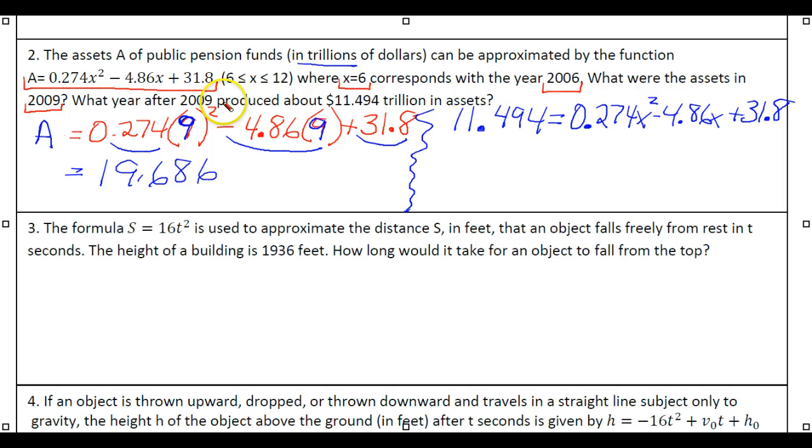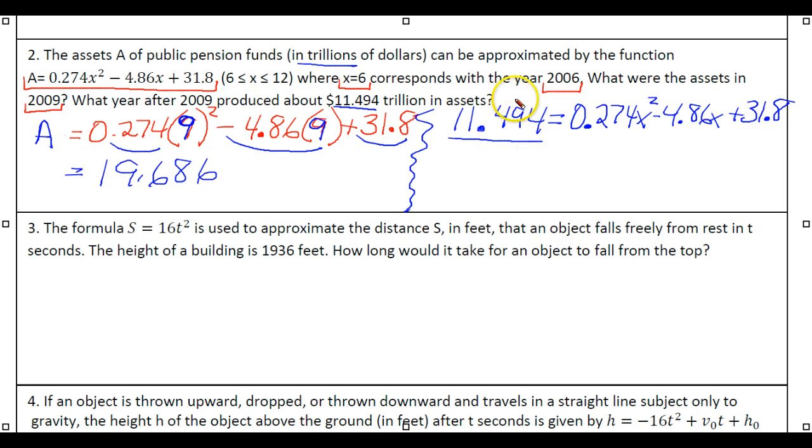Now for part B here, in a sense, after what year after 2009 are you going to produce this many trillion in assets? So this is what your amount would have been here. And now we just have to solve this quadratic equation.